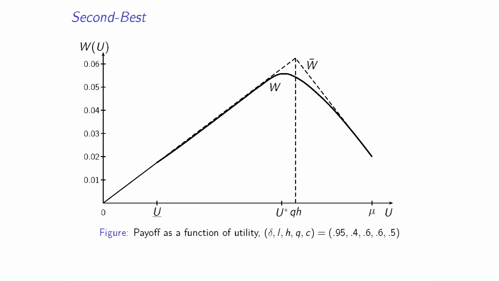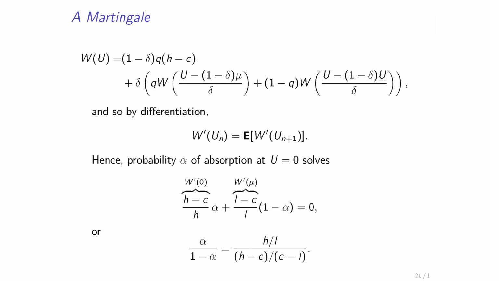Okay. Now, from Thomas and Warren's paper, we have this Martingale property of our payoff function. So the derivative of the payoff function is a Martingale. That means we can calculate the eventual absorption probability of the two endpoints. We start from derivative 0, and eventually we either get absorbed at 0 or we get absorbed at mu.